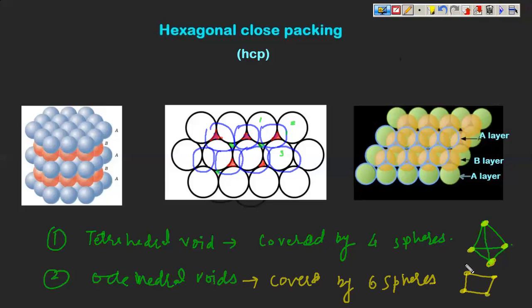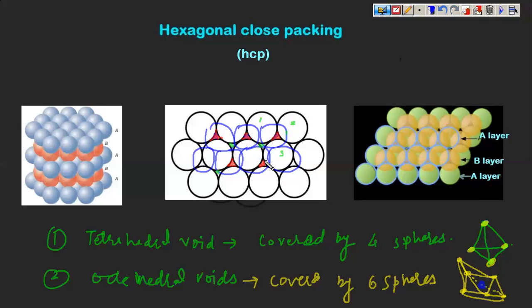One particle above the layer and one below this layer, and you will find the same kind of pyramid here, so it becomes a perfect octahedron. I am marking the void with a blue color.